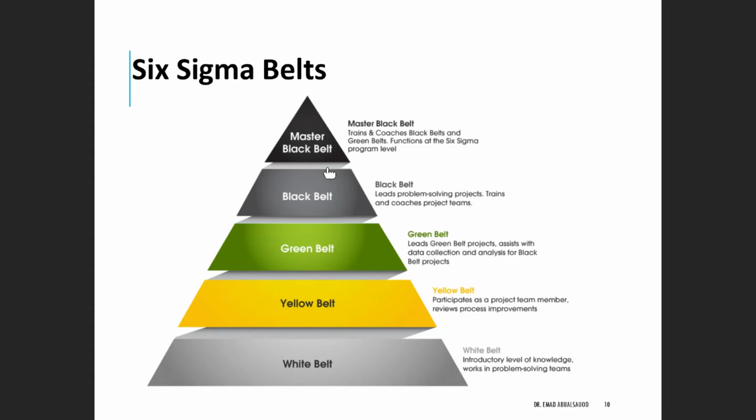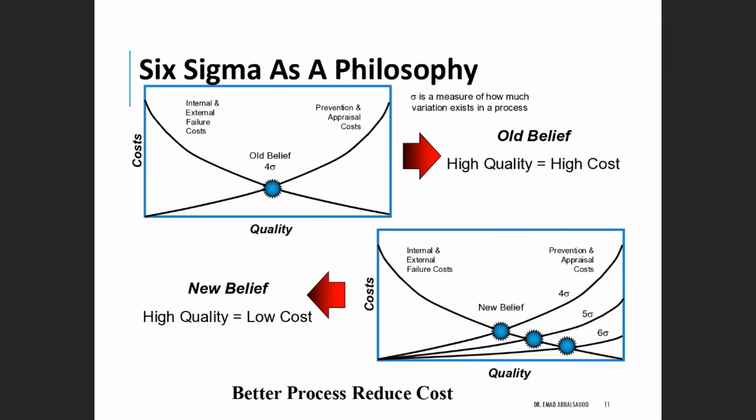The master black belt is a higher level of the black belt, where you deal with several black belt projects and lead them and train, as well as the green belts. This is the hierarchy of Six Sigma belts, and it helps you be familiar with the role of each one of them.